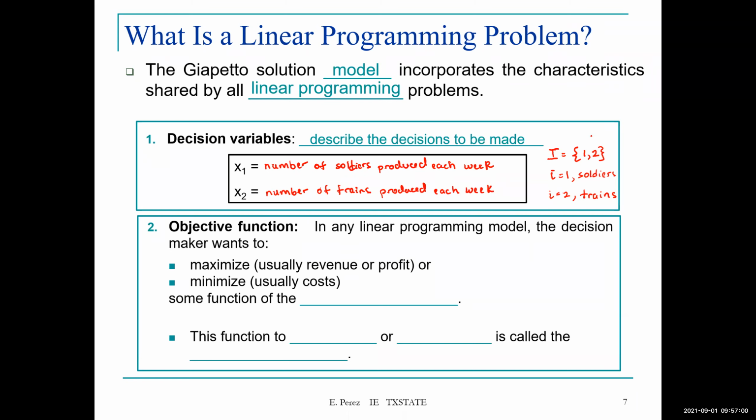When I define this as an index, what I'm saying is I will have Xi. Xi is the number of product I produced each week.